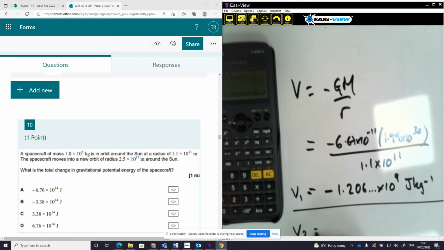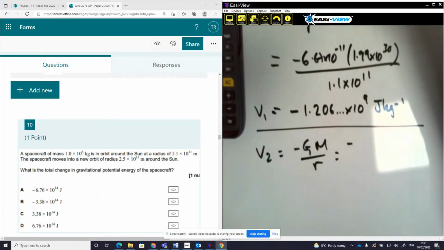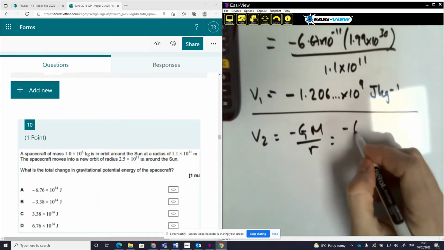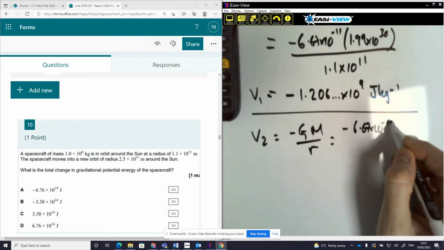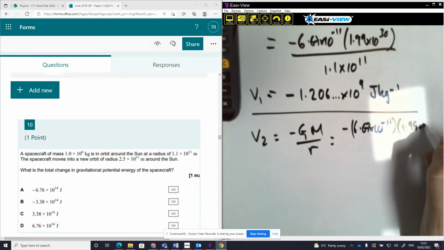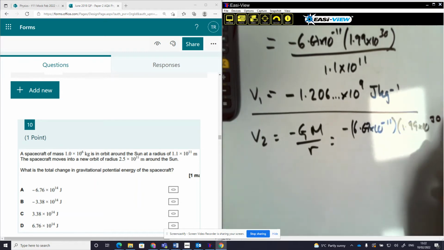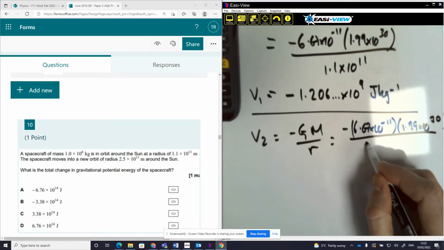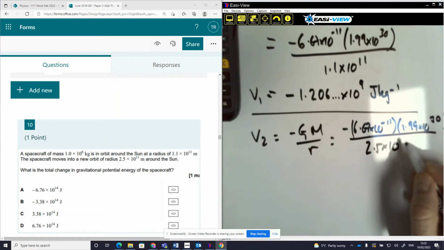At the final point, it's the same equation, it's just R is different. So we get negative 6.67 times 10 to the negative 11, multiplied by 1.99 times 10 to the 30, all over, this time, 2.5 times 10 to the 11.